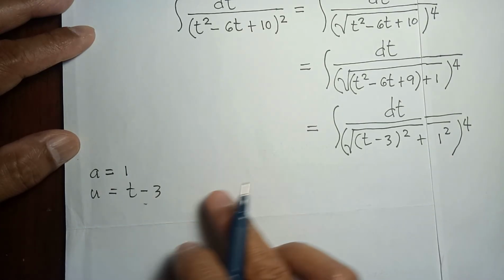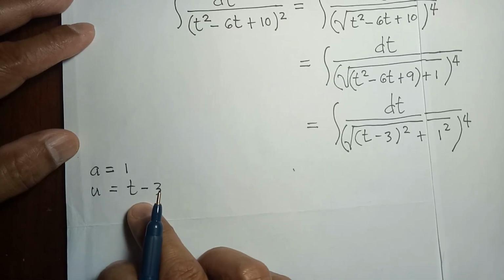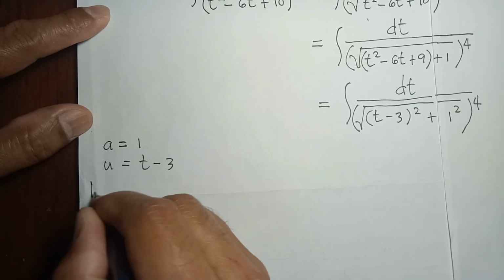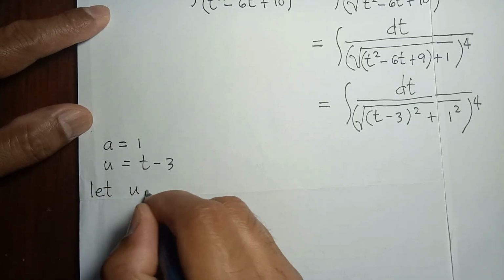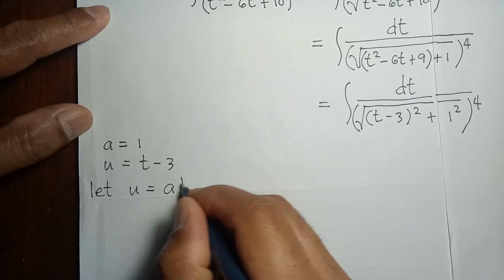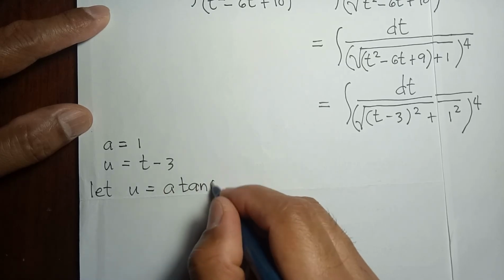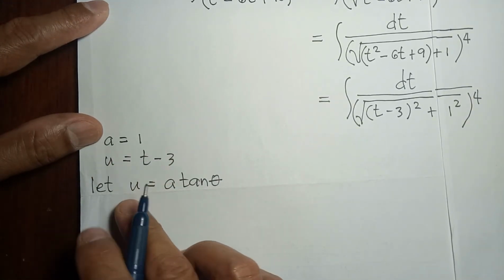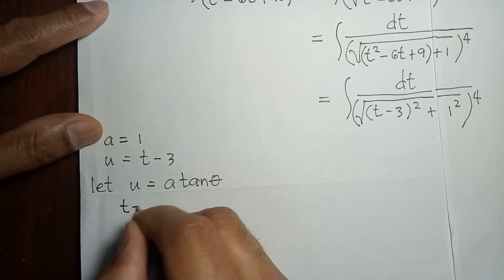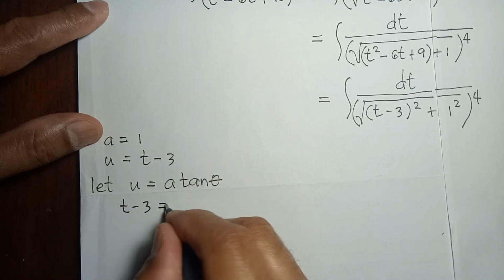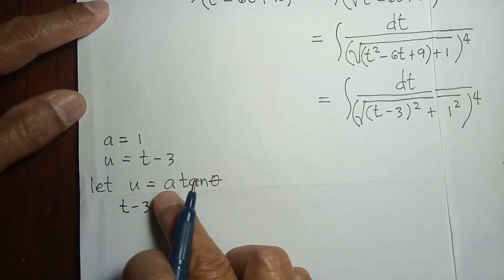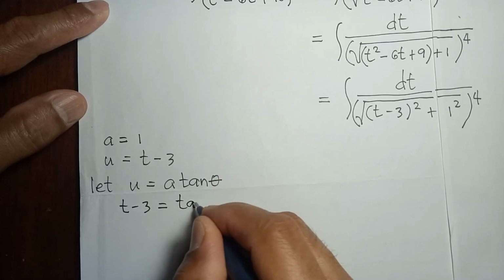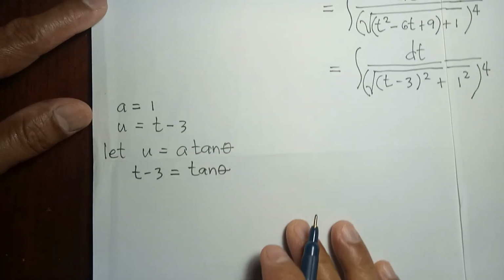Yung u natin, equal siya sa t minus 3. Okay. So, yung substitution natin ay u equals a tangent of theta. Case number 2. So, yung u natin ay t minus 3, papalitan ng t minus 3. Yung a, papalitan ng 1. 1 times tangent ay equals tangent of theta.